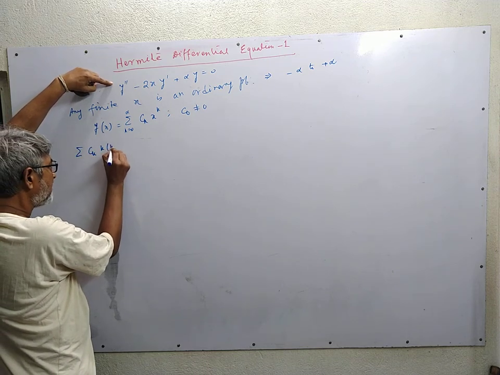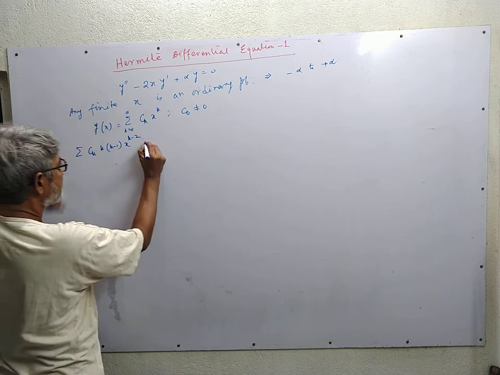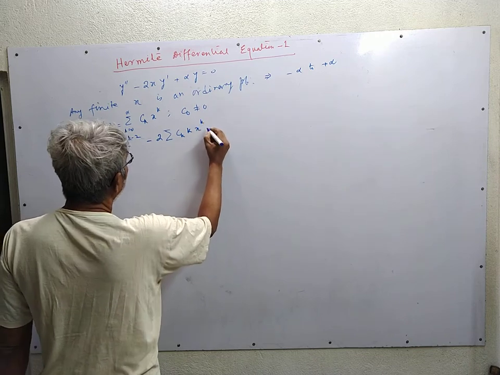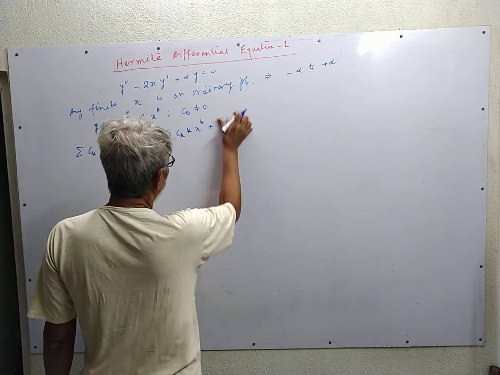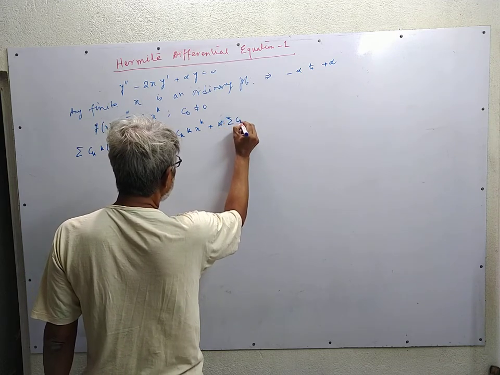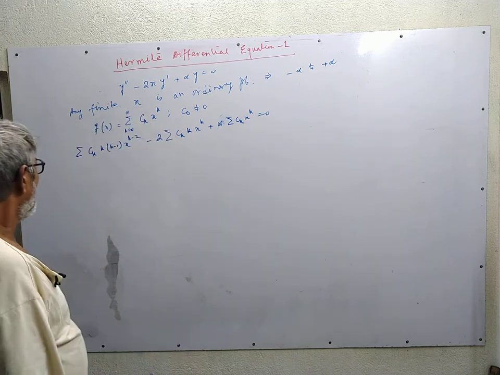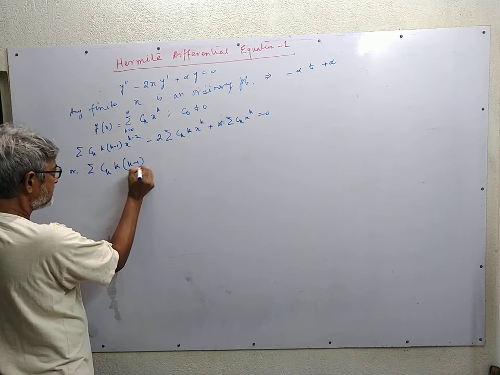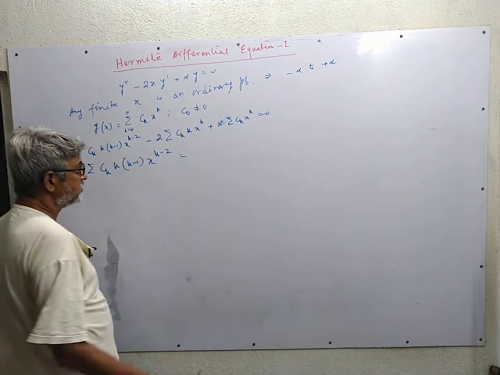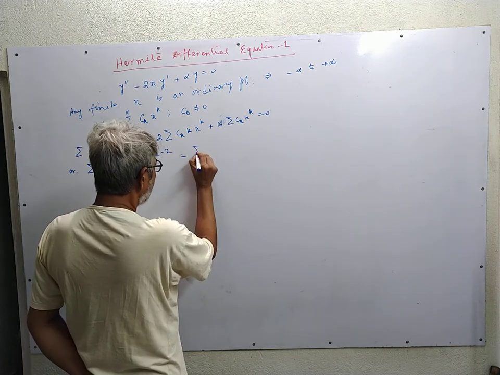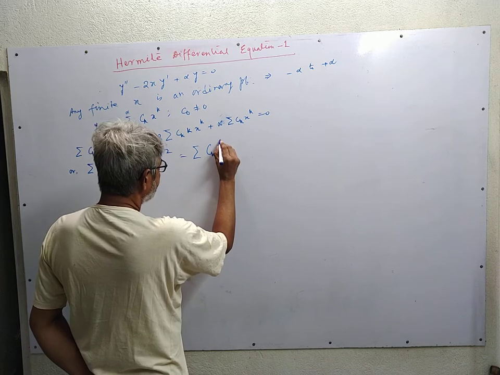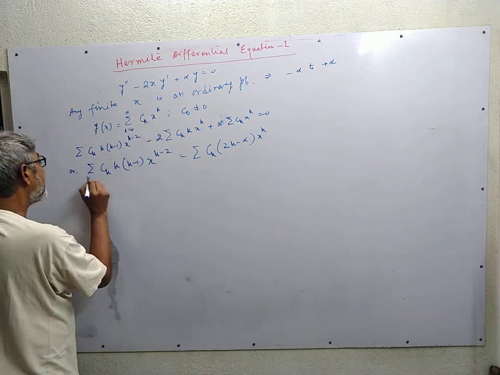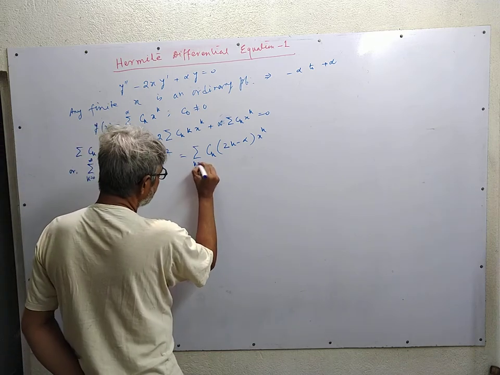from this term k into k minus 1 x to the power k minus 2 minus twice alpha times, or if we take these two on the other side, we get summation over k c_k (2k minus alpha) x to the power k, and here k ranges from 0 to infinity and k ranges from 0 to infinity.